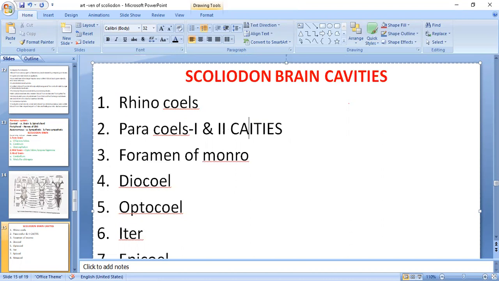They keep the brain parts moist, they carry food material, and they act as shock absorbers. They also contain lymphocytes, which give immunity to the brain cavities.